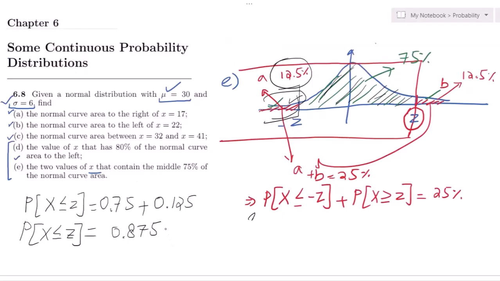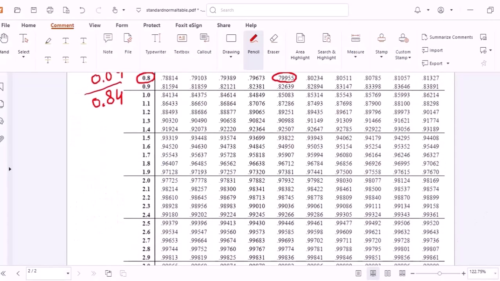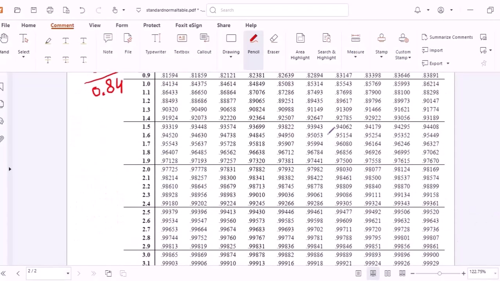In order to proceed here, we want to find the value of z, which is here. So this z is the inverse of 0.875. Okay, let me use the table here to find the value which corresponds with the z value. So let me use the table, and here let me search for 0.87, so 0.875.